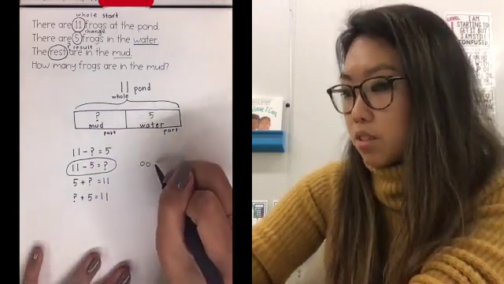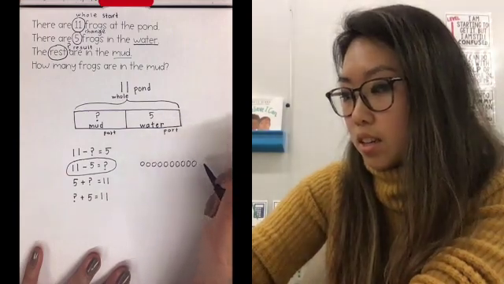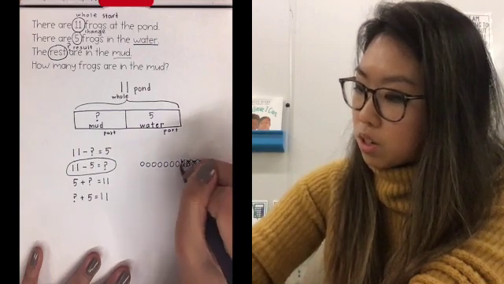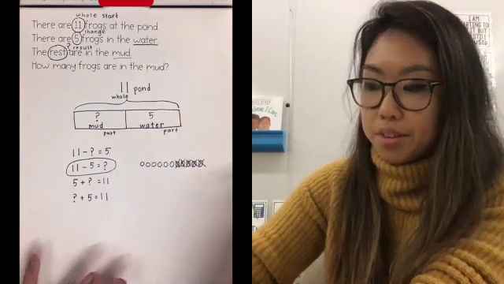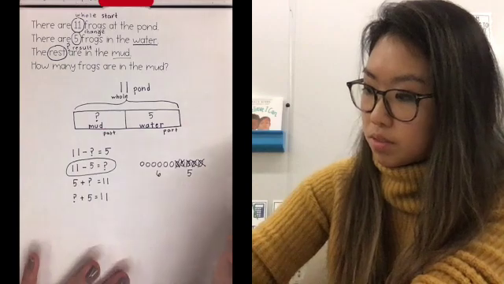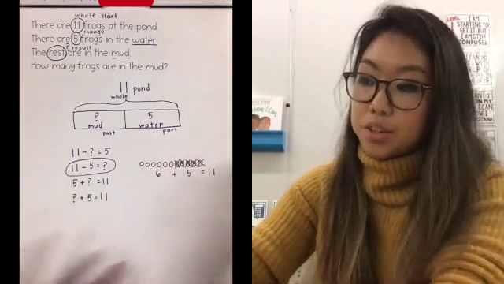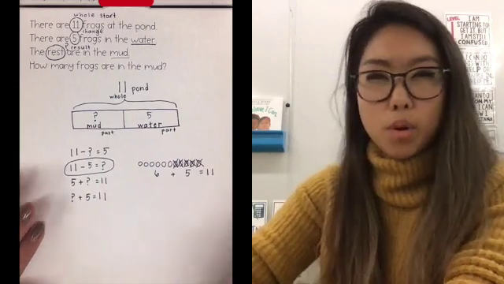1, 2, 3, 4, 5, 6, 7, 8, 9, 10, 11. And I can subtract 5. 1, 2, 3, 4, 5. So I have 1, 2, 3, 4, 5, 6 left. So 6 plus 5 equals 11. So now I can think about, what was the question?